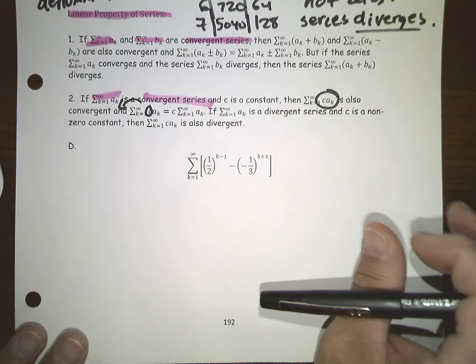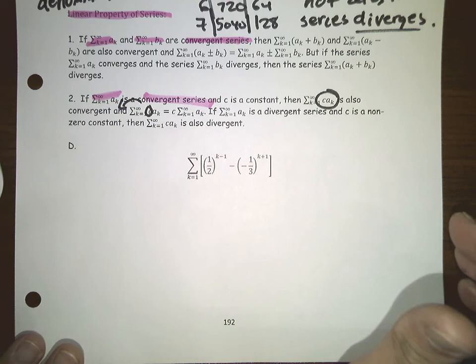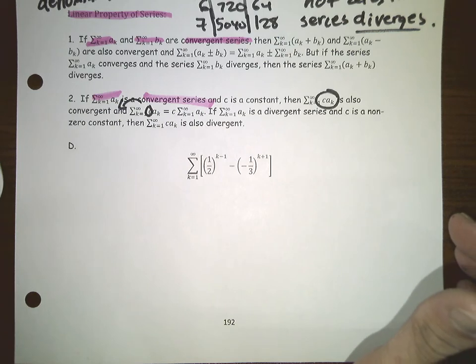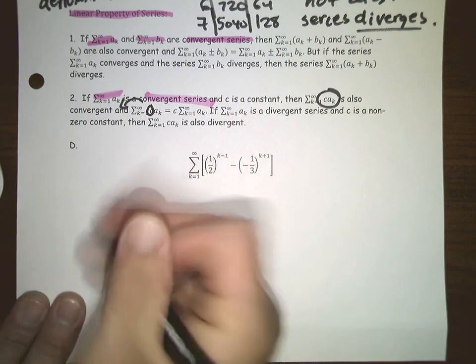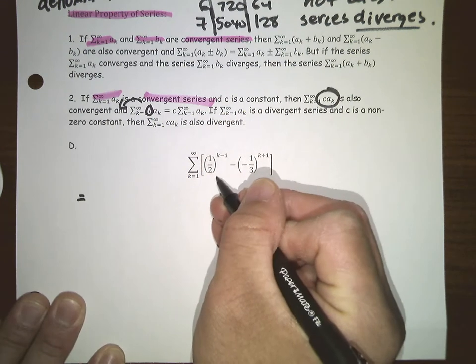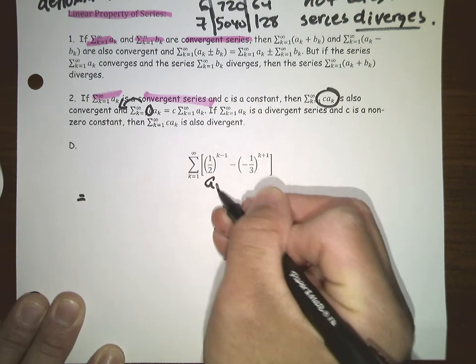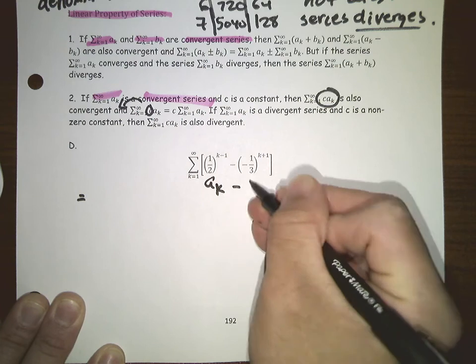All right. It looks like it's a possible mess, but what I'm going to do is look at these two terms separately. Here is a_k and minus b_k.